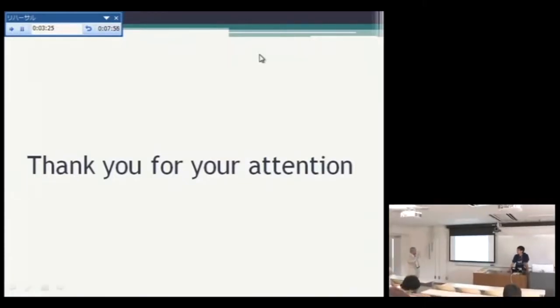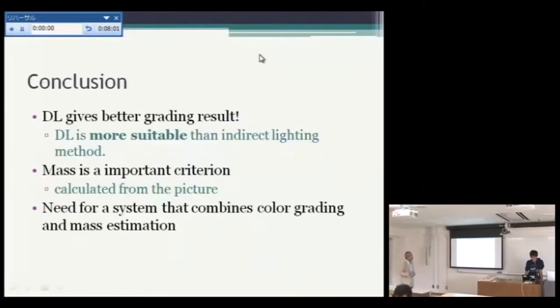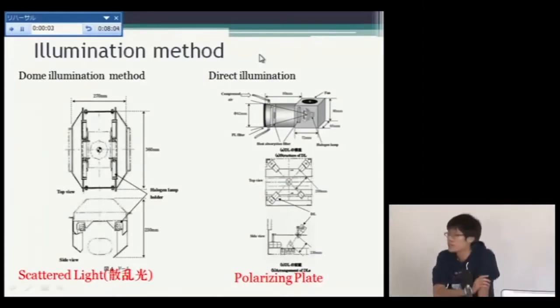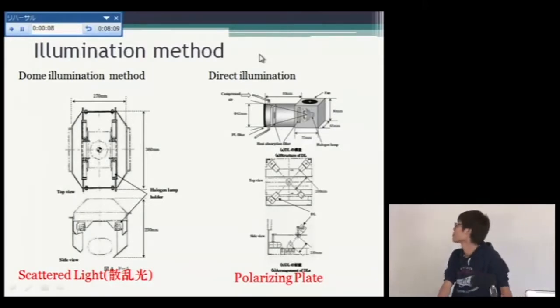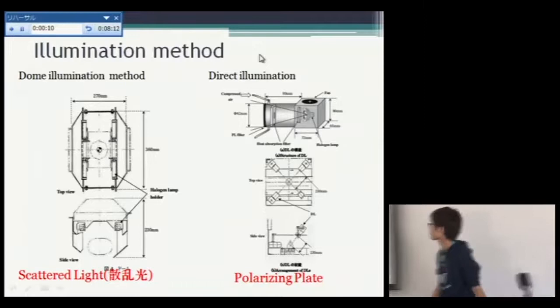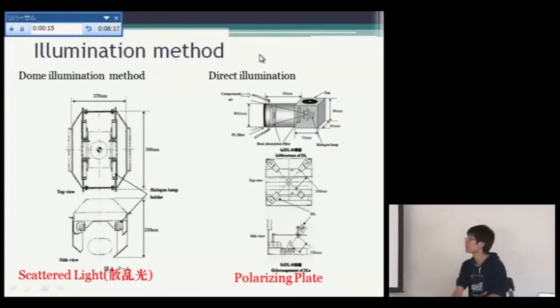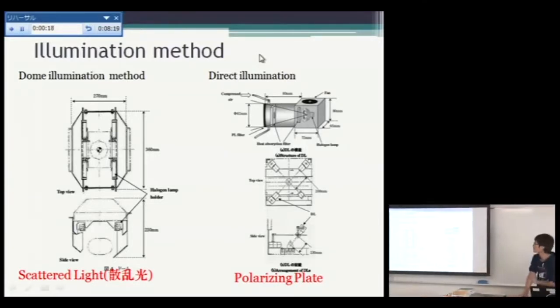What's the difference between direct light and dome? Would you tell us again? Okay. The dome illumination method doesn't use direct light. It uses light scattered by the sun angle. So this scattered light causes halation and reflection.